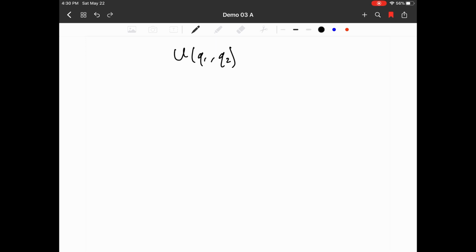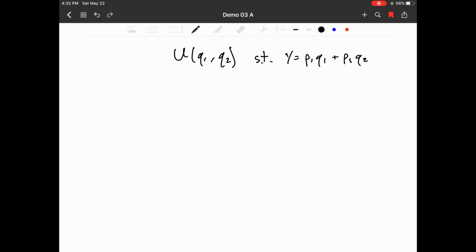So you're coming from the constrained optimization tutorial video. So the problem we often see is utility subject to some budget. So here we're going to have y, which is equal to the price of good 1 times the quantity of good 1 plus the price of good 2 times the quantity of good 2.